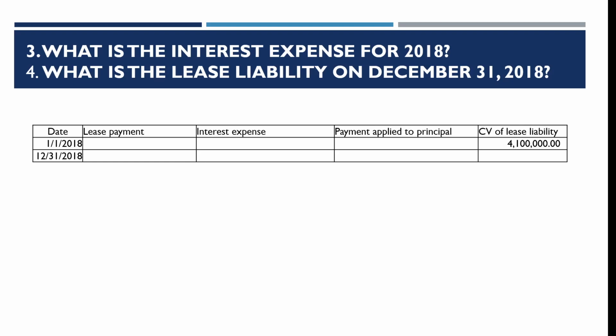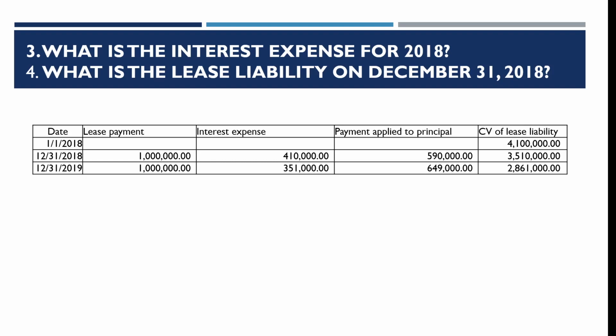That is, previous carrying value multiplied by interest rate implicit in the lease, which is 10%. So, interest expense, 410,000. Lease payments, magkano? 1 million. Magkano yung i-apply lang natin sa principal? 1 million less 410,000, 590,000. So, magkano na lang ang CV ng lease liability natin on December 31, 2018? 3.51 million.